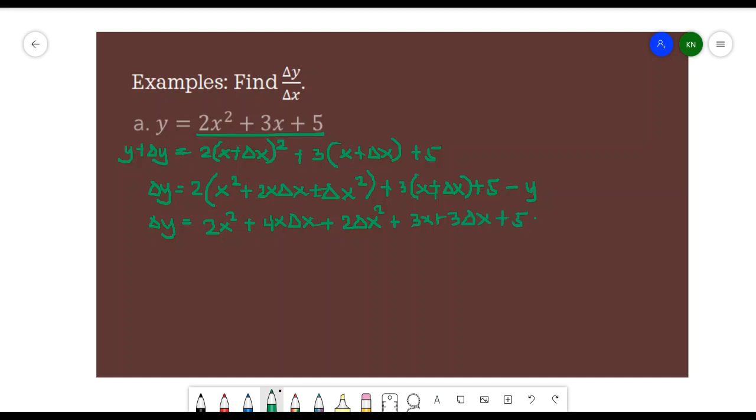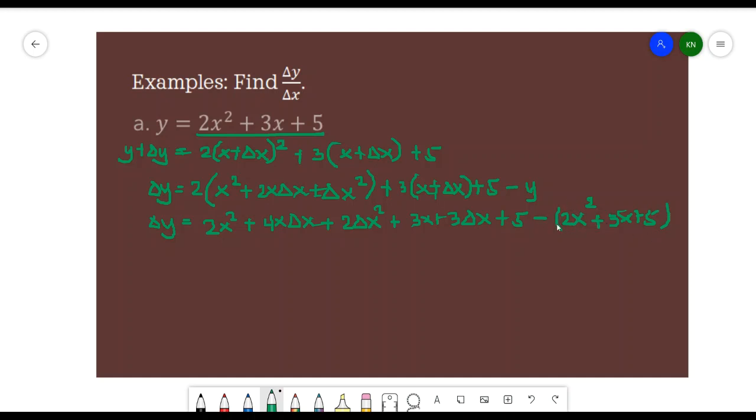Now we need to substitute the value of our y by the given value of y, which is 2x squared plus 3x plus 5. It is important that you enclose this function in parentheses because, again, this is minus.